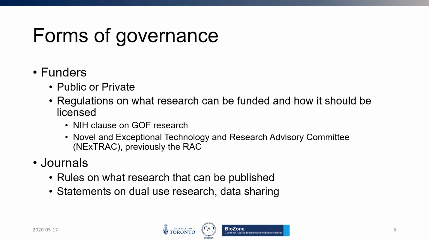So, for example, the NIH has a clause on gain of function research. Basically, gain of function research is research on strains that can lead to enhanced pathogenicity or transmissibility of potential pandemic pathogens.